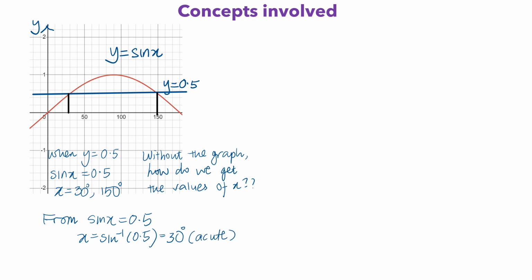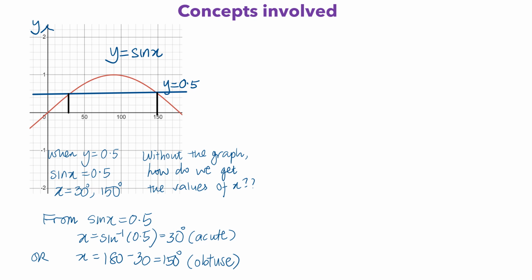So that is your acute angle. It's possible to get the second angle, which is 150. So how do you get 150? That is when you take 180 minus 30. So 180 minus 30 gives you 150. So that is the second angle that we have got. If you look at the diagram. Okay, so that's for sine curve.